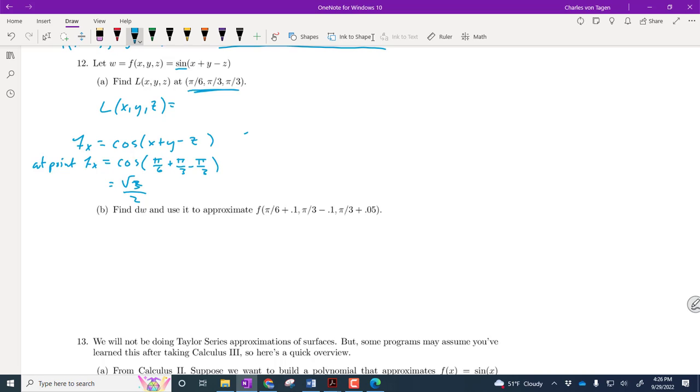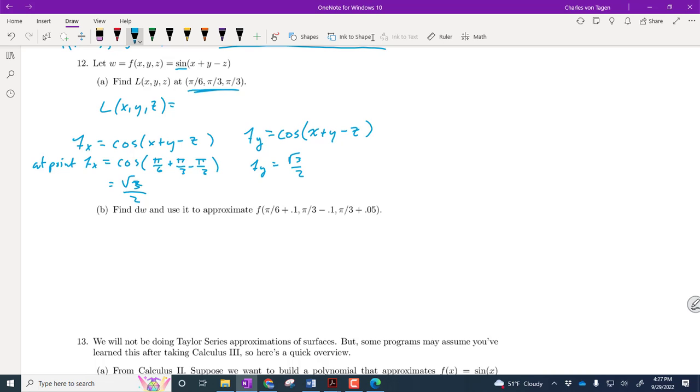If I compute f sub y, it's actually the same partial derivative, cosine of x plus y minus z. So if I do it at the point, we'd have f sub y is the same, square root of 3 over 2. So folks, I'm being a little sloppy in the notation because I just want to get through this example, so I'm not writing "at the point." Does that make sense?